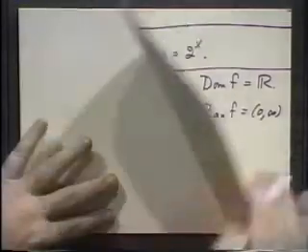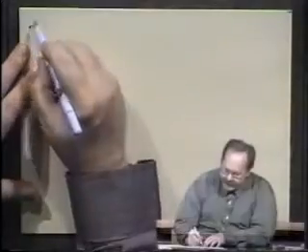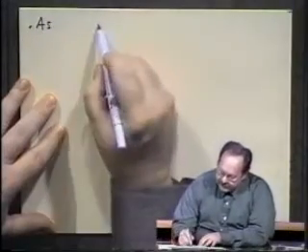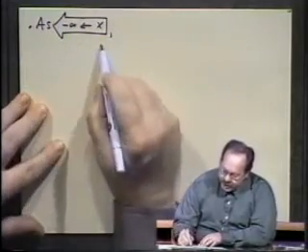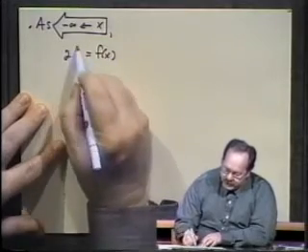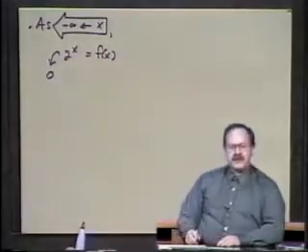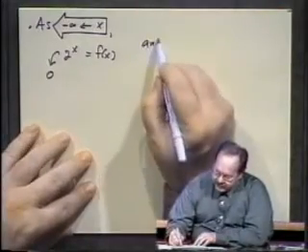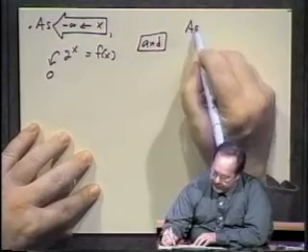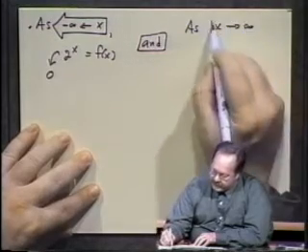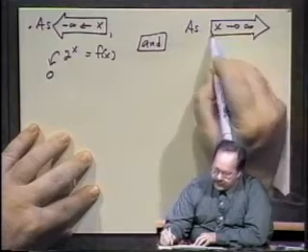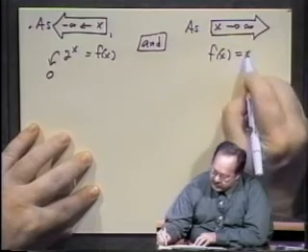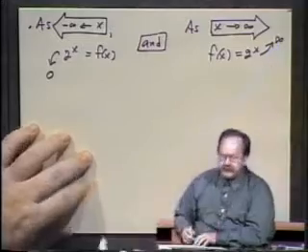Let's continue writing down some observations for 2 to the x. As x goes far to the left, to negative infinity, so draw a big arrow here like that, what happened to 2 to the x? Well, f of x, which was 2 to the x, went down to 0, you should have seen in your picture. And if you look at it the other way, as x goes to infinity, that is to say goes out to the right forever, then f of x, which is 2 to the x, seems to grow up to infinity.